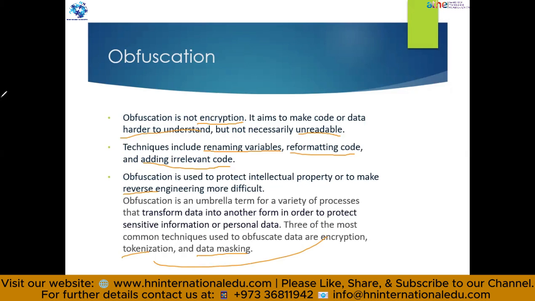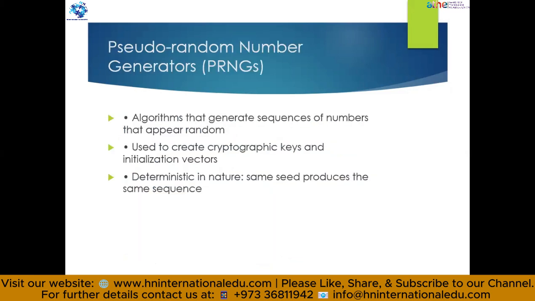Like, not unreadable but difficult to read. Like in obfuscation, basically we will just make the modifications a little bit, and in ciphers we will rewrite the whole information into a different form.